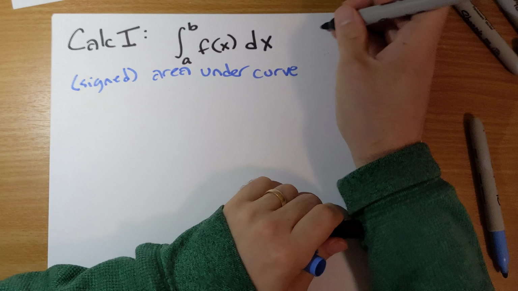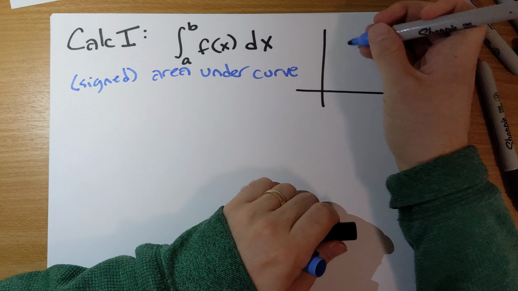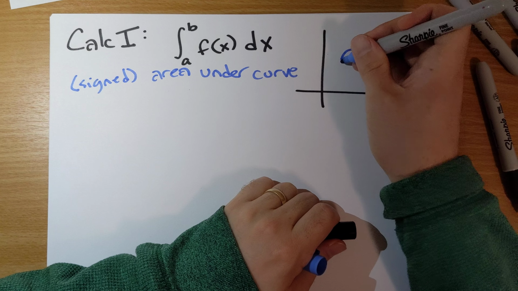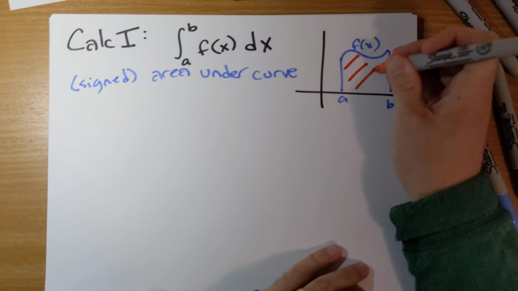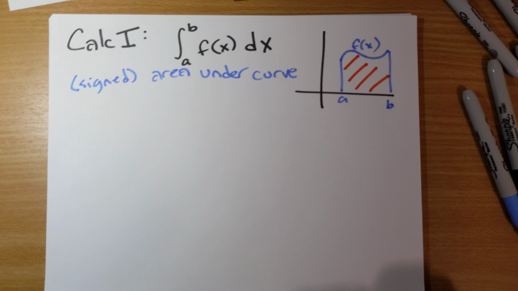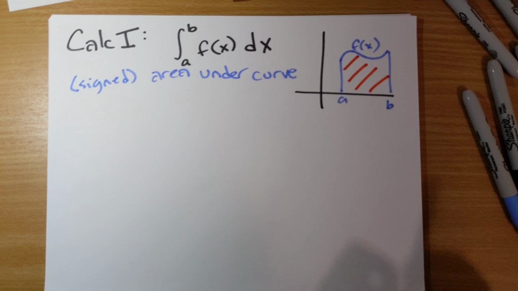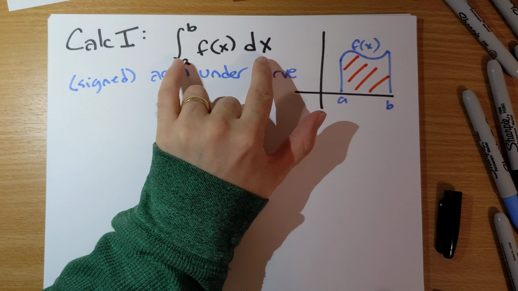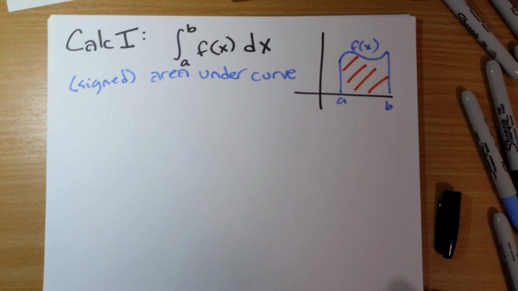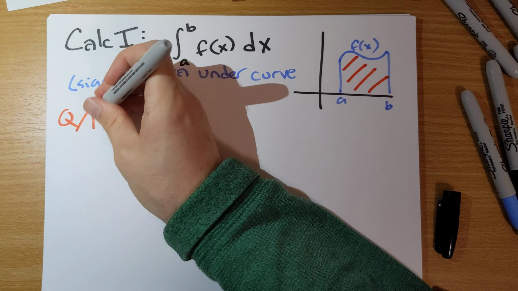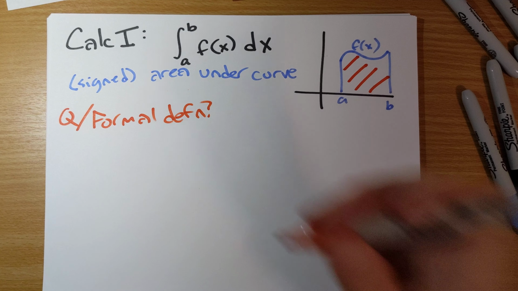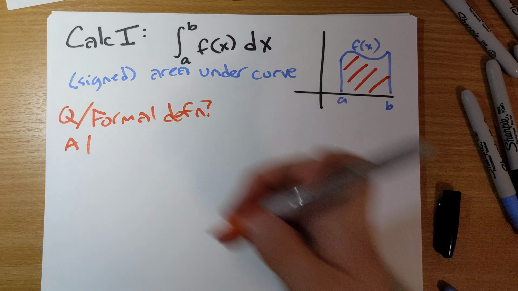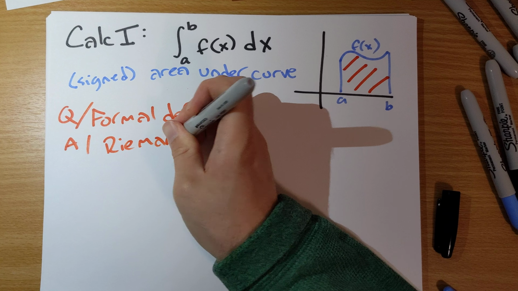If we draw a picture here, and here is our function f of x, from a to b, then this integral is giving us this signed area. This is the geometric interpretation of this definite integral. It's worth noting that for a formal definition, how do we formally define a definite integral? We do it using, of course, Riemann sums.